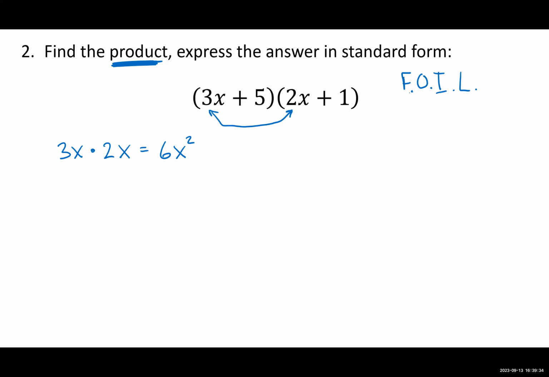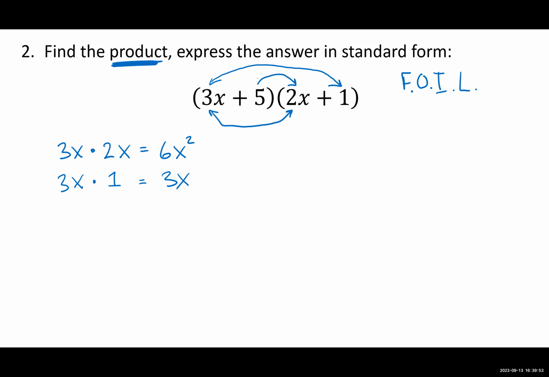O stands for outer. So outer is the 3x and the 1. 3x times 1 is equal to 3x. I stands for inner.